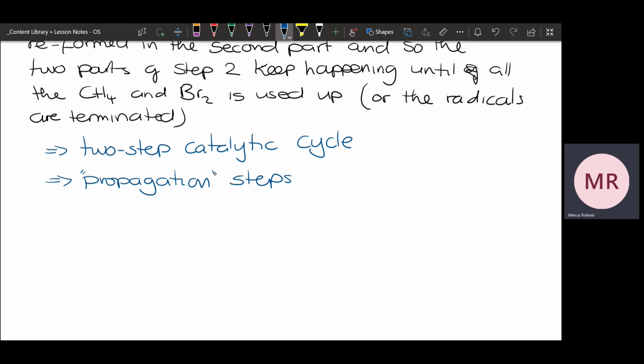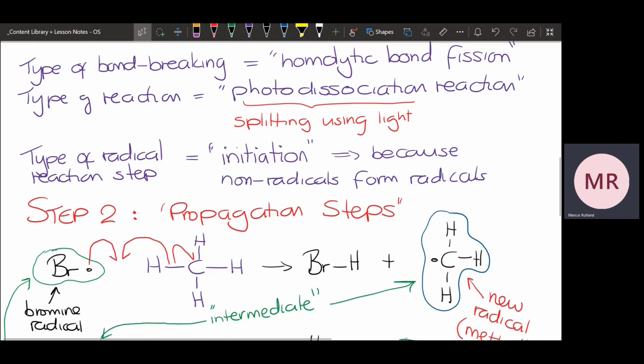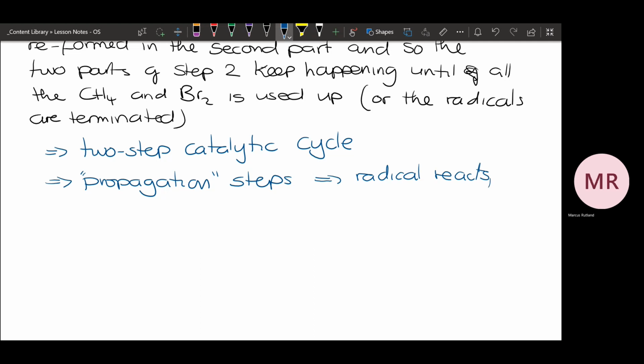Why? Initiation, if you remember, was non-radicals forming radicals. Propagation steps are where a radical reacts, producing a new radical.